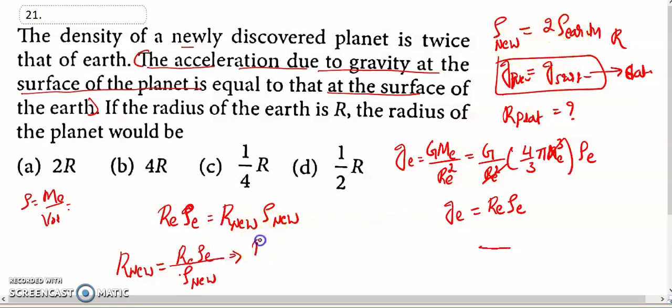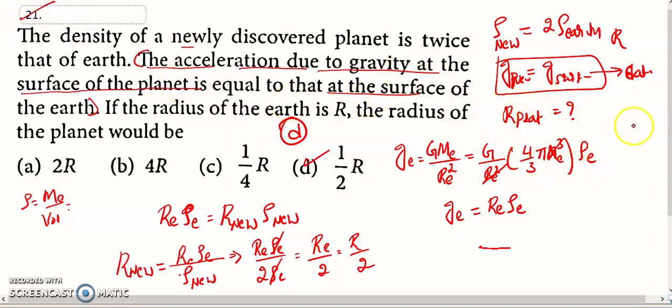He says 2 times, so it is RE rho E divided by 2 times rho E. So rho E gets cancelled, and RE divided by 2, and since the radius of Earth is given as R, that is R by 2. So R by 2 is the right answer, option D for question 21. Next, move to question number 22.